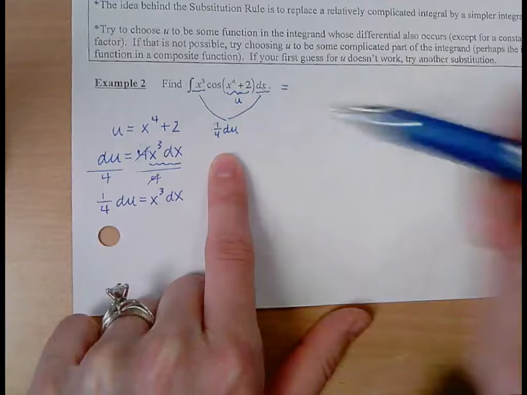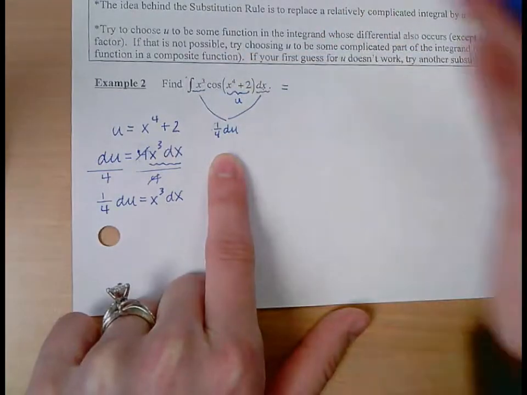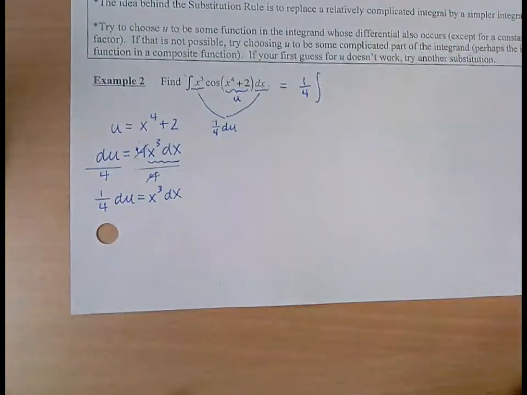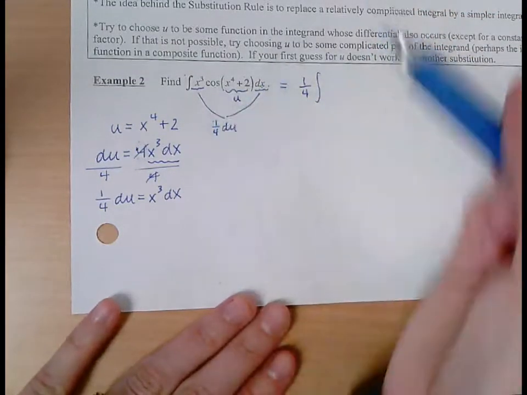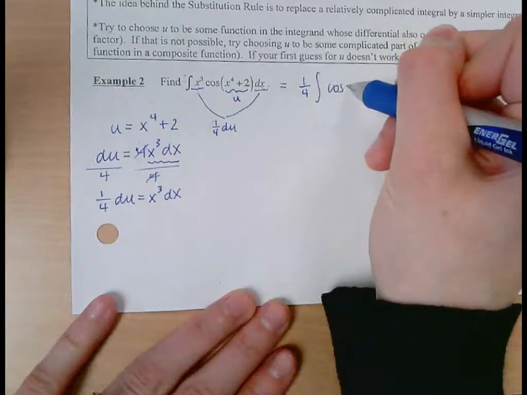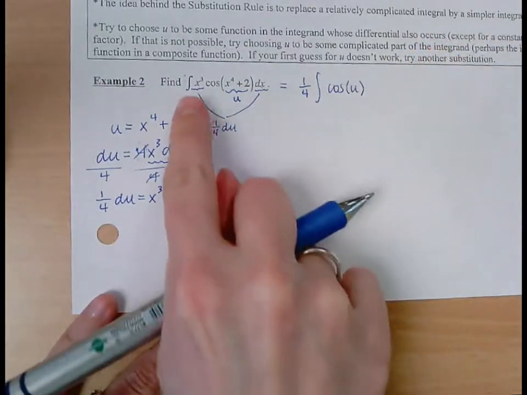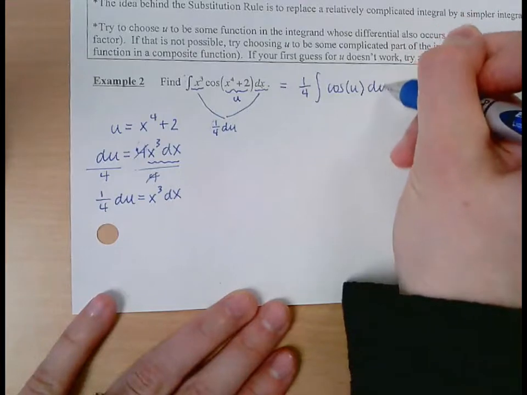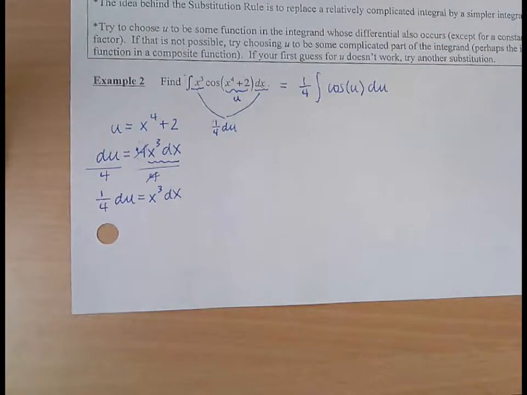So I would have 1/4 times the integral of cosine of u du. You have to make sure everything with x is now gone, but you're also only replacing what was in there, with any other coefficients included.